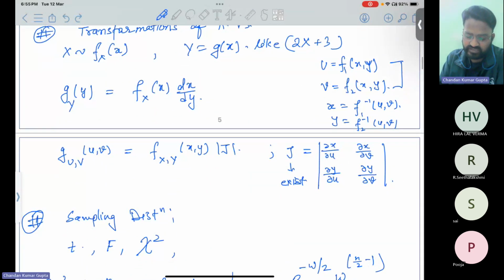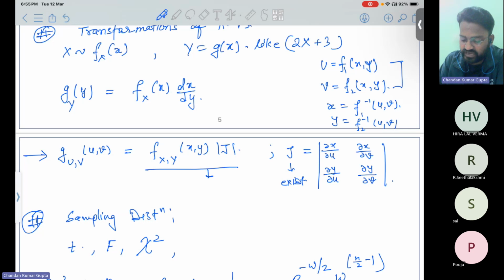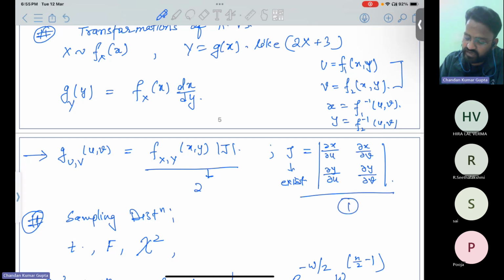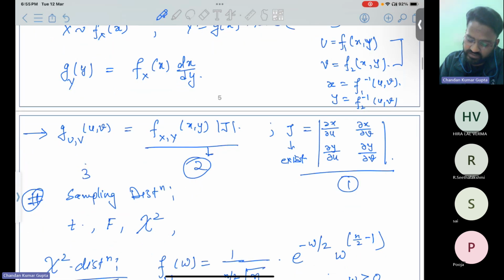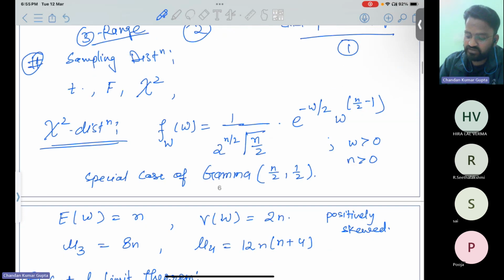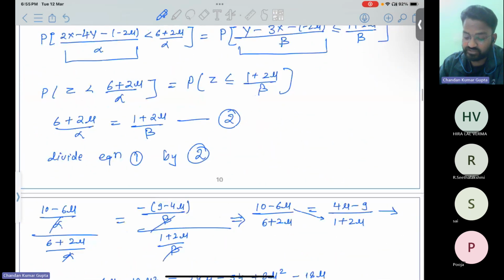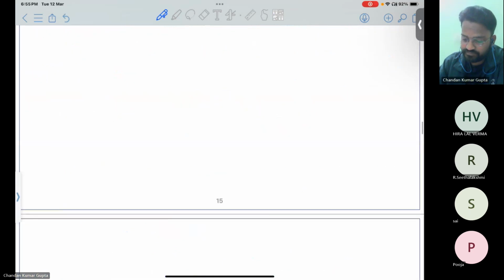In this case we are dealing with two transformed variables. First I will calculate this, then second this, and then third its range. Let me finish it first, then I will discuss its range as well.